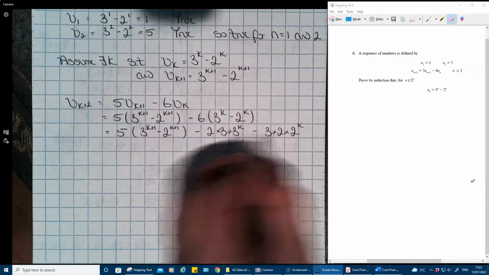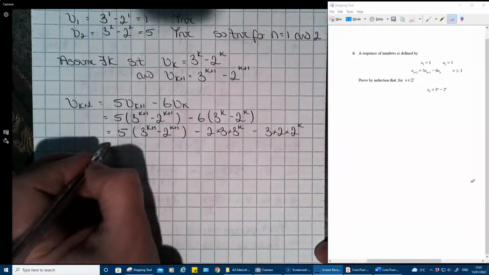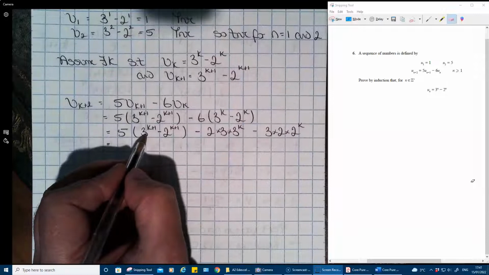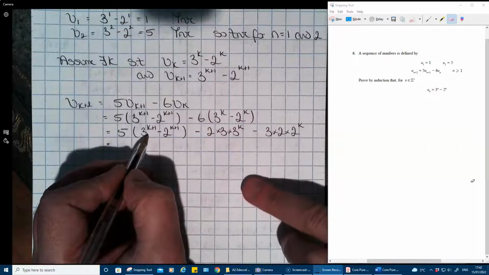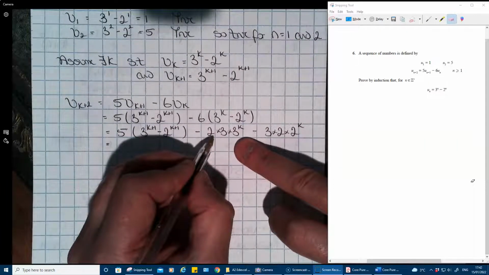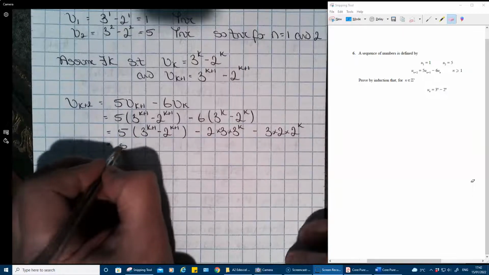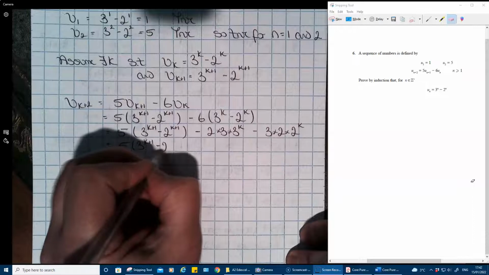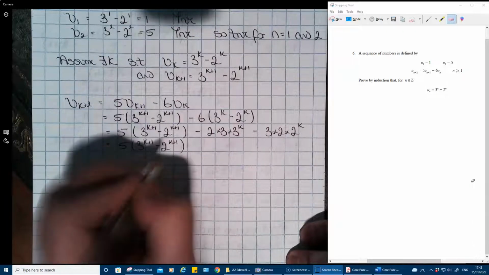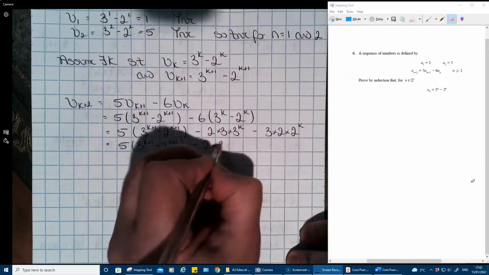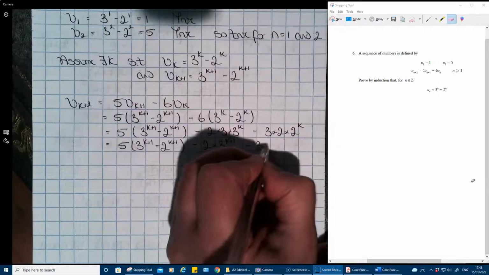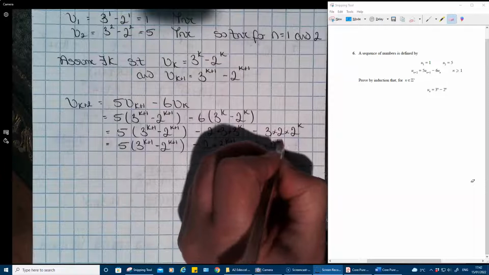Okay, I'll split the 6 into 3 times 2, which is 5 lots of 3 to the k plus 1, take away 2 lots of 3 to the k plus 1. Let's do one more step. Two lots of 3 to the k plus 1, take away 3 lots of 2 to the k plus 1.